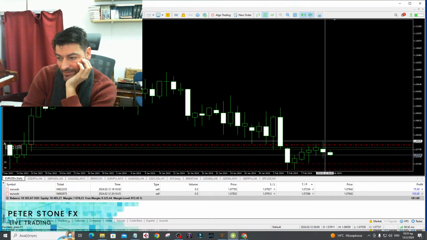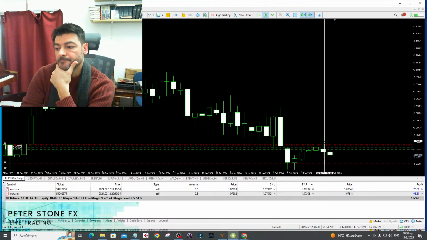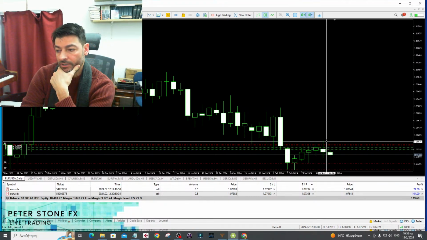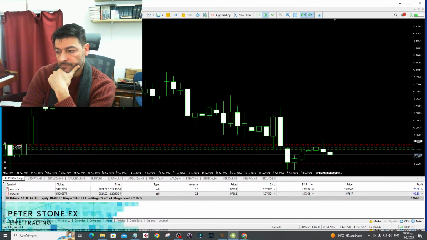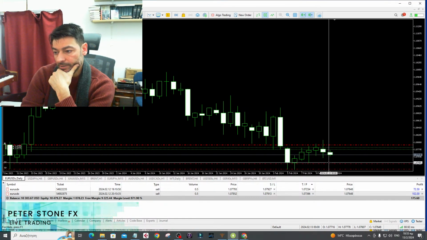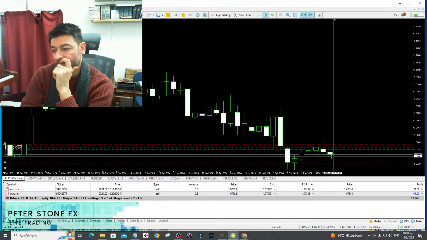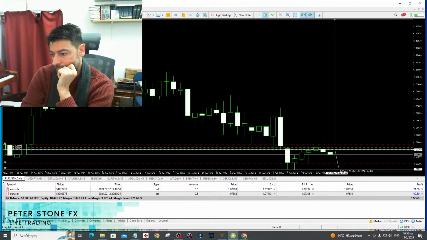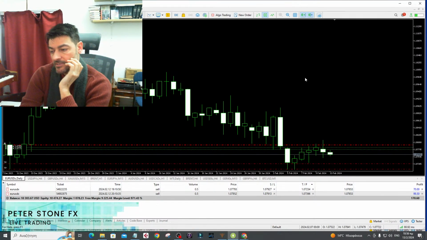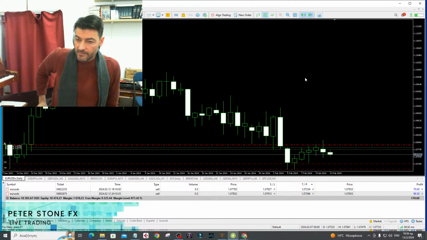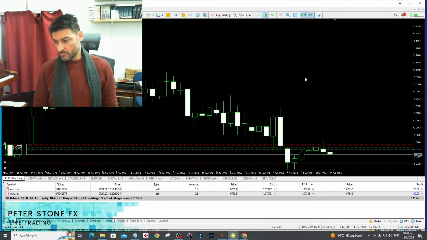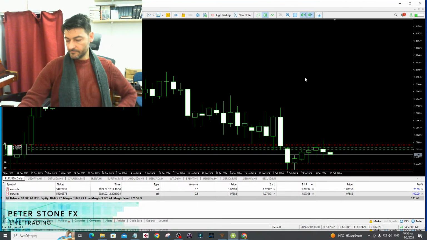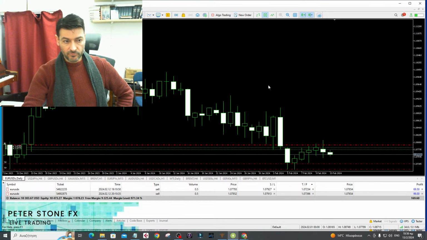We're not surpassing this level right now. Even if we have a small retracement, I believe the daily target is here. 55 pips is easy for this kind of volatility. We might have 100 pips today.